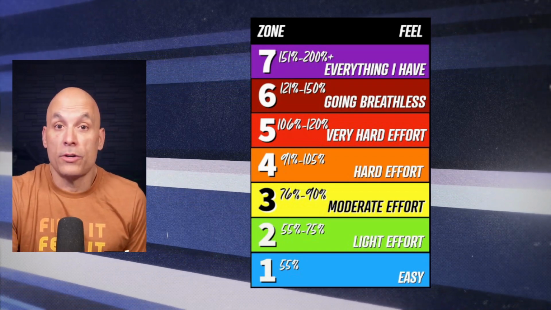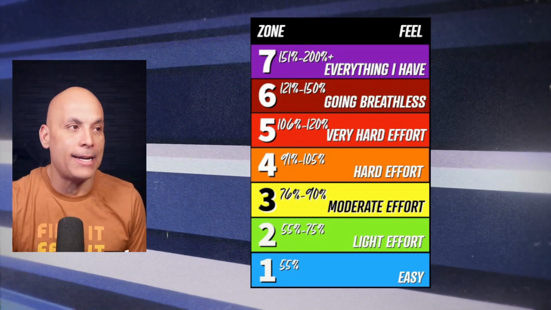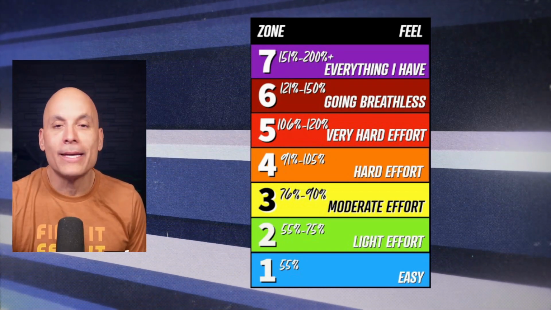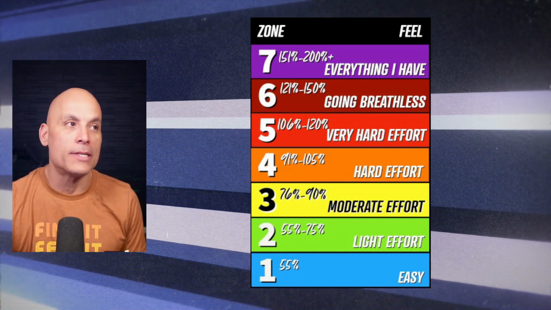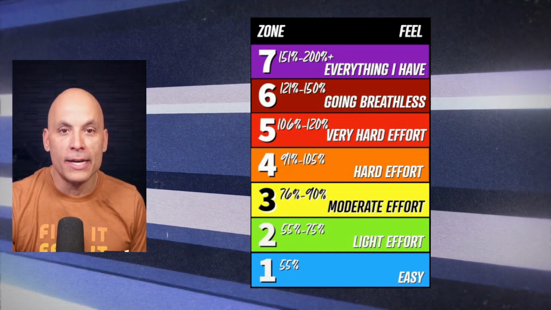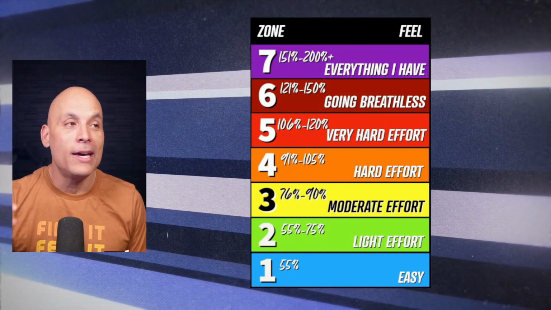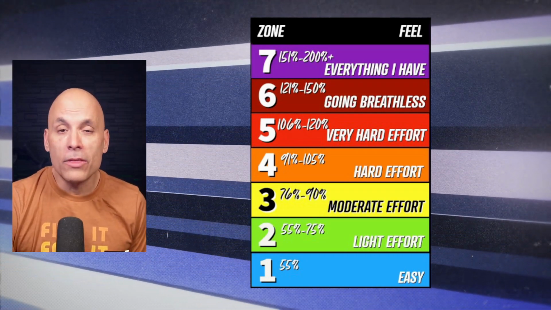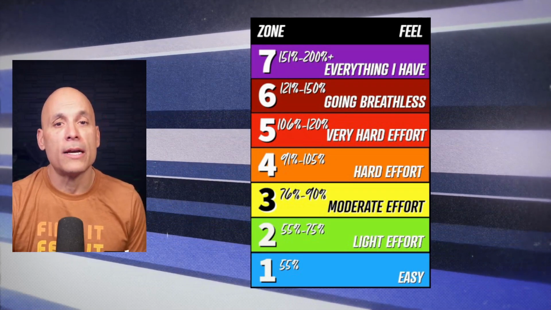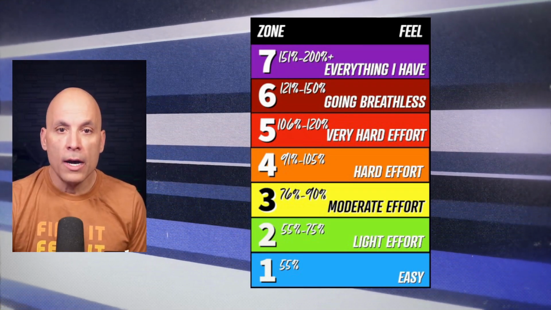Okay, so you can certainly go over that, but you can't last an hour, right? So very hard would be 6 to 20% over that, 21 to 50% over that would be zone 6, and 151% to over 200% would be zone 7. Obviously, if you're in zone 7, you can't last that long, maybe 30 seconds, right? So that's what we mean when we say we're over 100% for the person who asked.